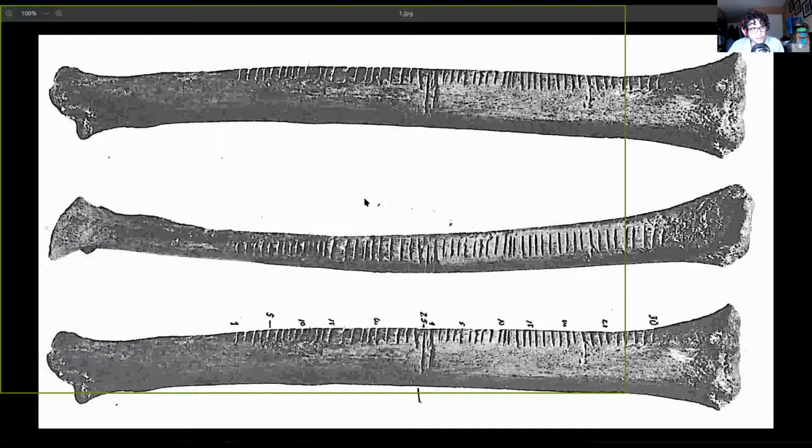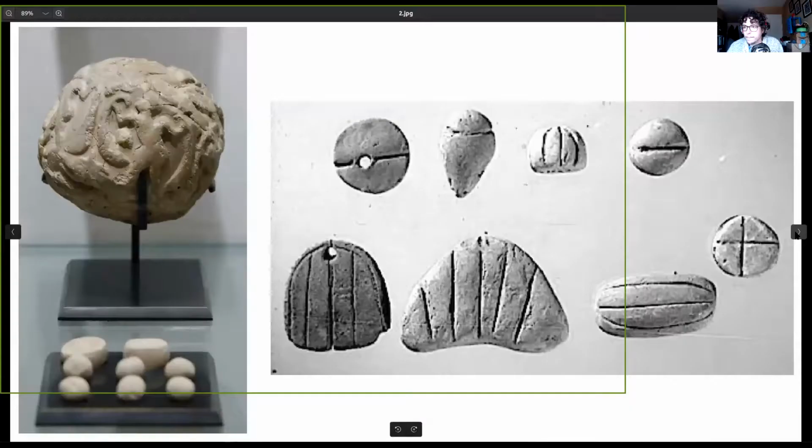Now let's move forward a little bit in history, if we can. All right. So these are kind of cool. These are about 7,500 BC, more or less, is what we're looking at here.